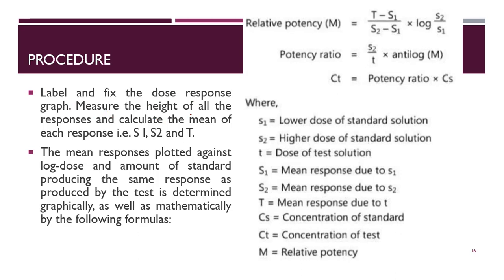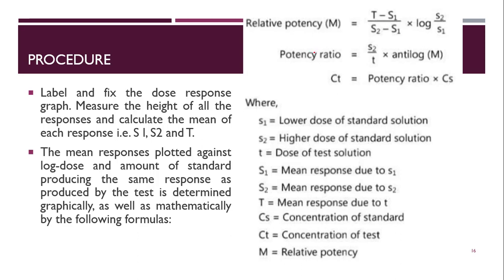We have to measure the height of all the responses, and we have to calculate the mean of each response, that is of S1, S2 and capital T. So the mean response is plotted against log dose, and the amount of standard producing the same response as produced by the test is determined graphically as well as mathematically by using the formula, which is: M is equal to (T minus S1) divided by (S2 minus S1) into log S2 divided by S1.